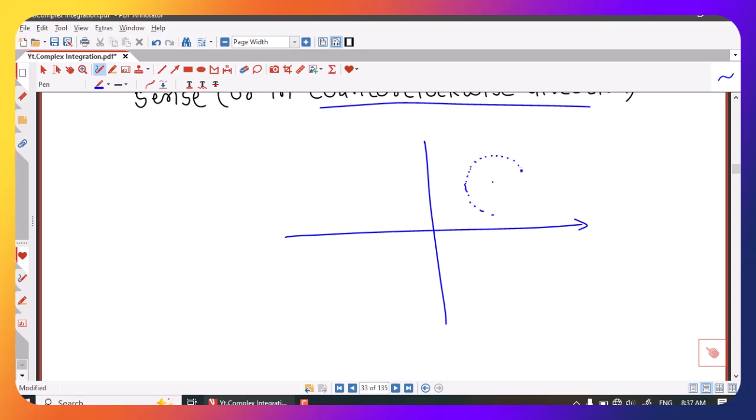Suppose this is the center z0 and radius is r, so we are integrating along this boundary.